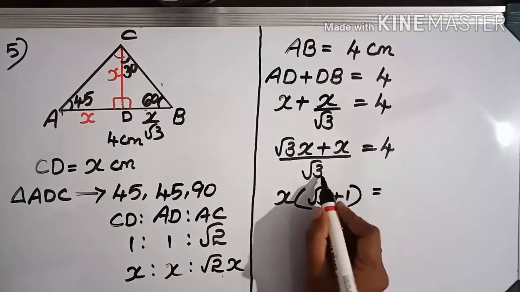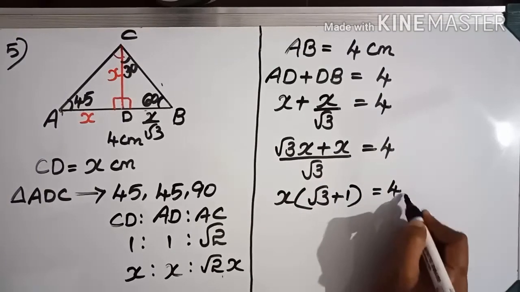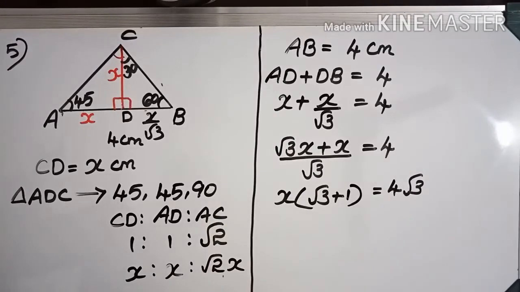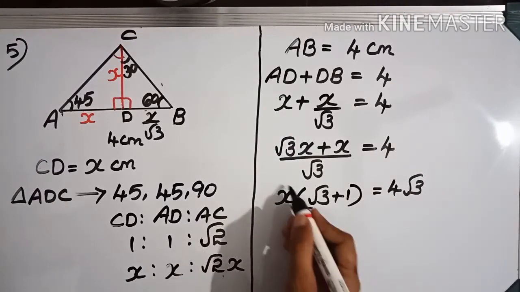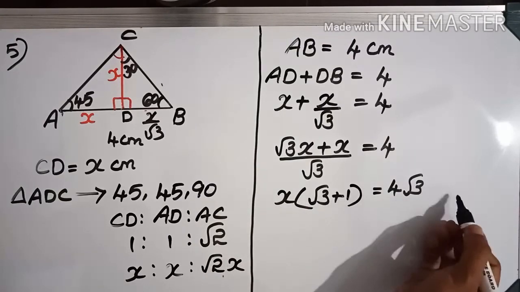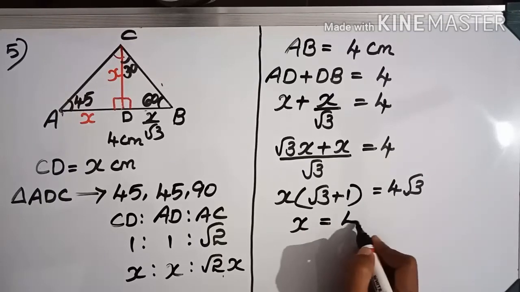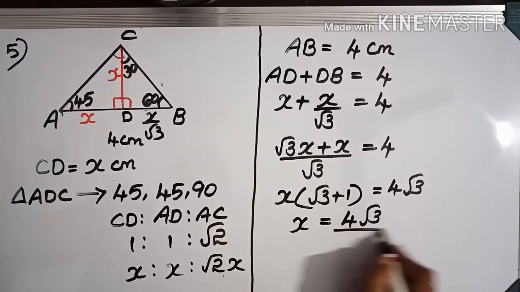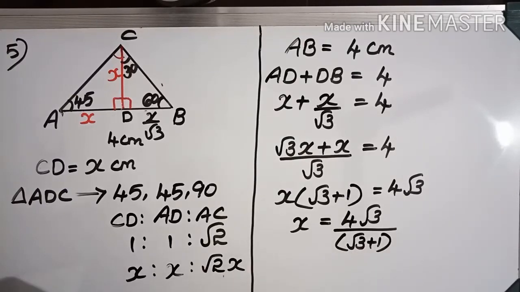Let's take this denominator 3 to this side, so it will be multiplication, that is 4 root 3. We need to find only x, so keep x here, and root 3 plus 1 goes to the next side. So x is equal to 4 root 3 divided by root 3 plus 1.